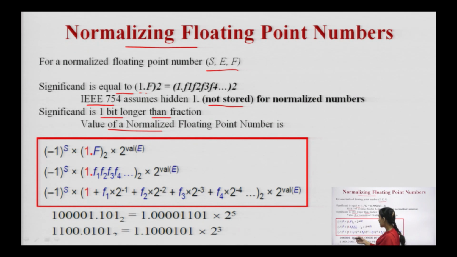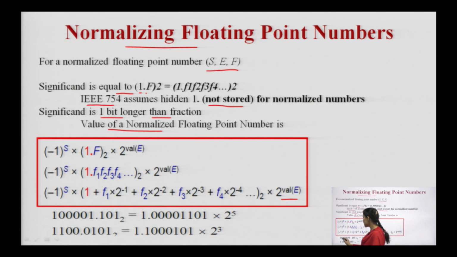If I break it down again, it comes out to be (-1)^s × (1 + f1 × 2^-1, because it is the fractional part, + f2 × 2^-2 + f3 × 2^-3 + f4 × 2^-4 and so on), base 2, into the exponent part 2^(value of exponent). In this manner it is represented.